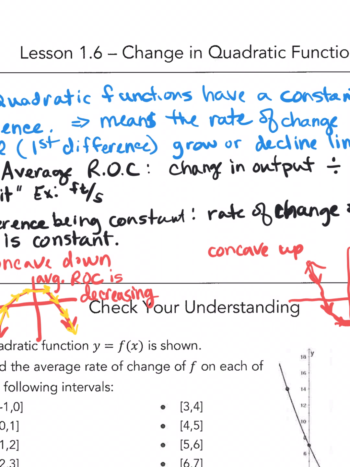Here it's increasing, and here it is decreasing, isn't it? In other words, it's becoming more positive, isn't it? Increasing really in this case means more positive, and decreasing in this one really means more what? Negative. Okay?